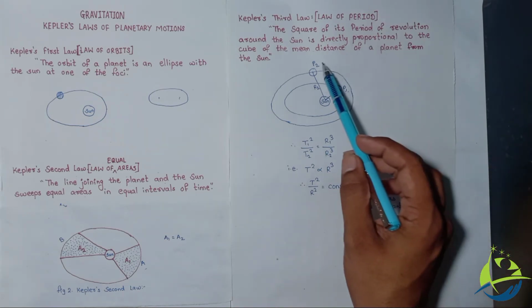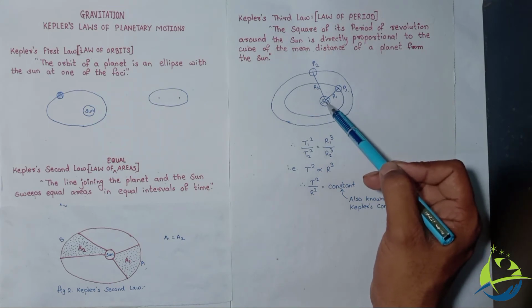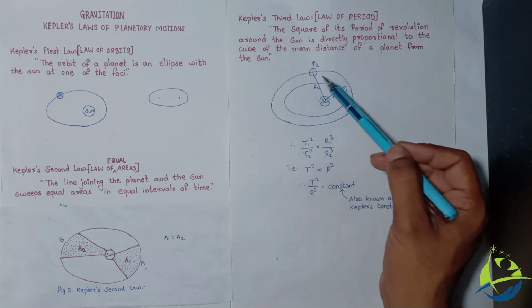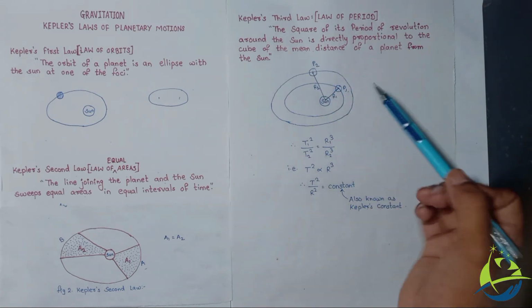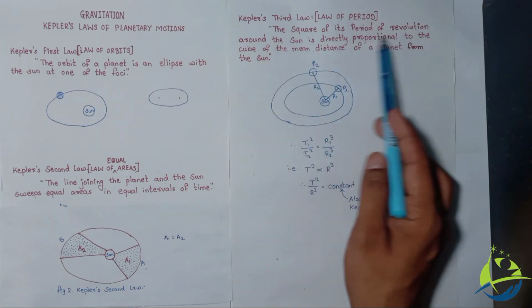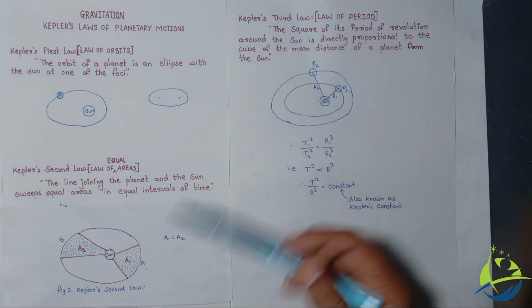See, planet P1 and planet P2. Planet P1 is at some distance from the sun, let us say R1, and planet P2 is at distance R2. Now R1 and R2 are the distances, but the law says mean distance. This is the mean distance.